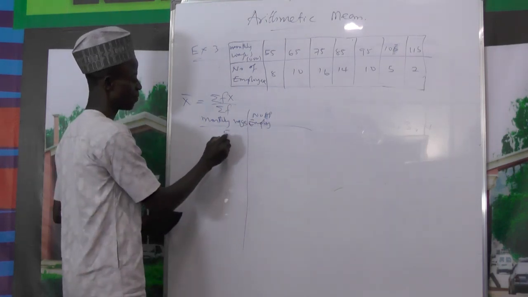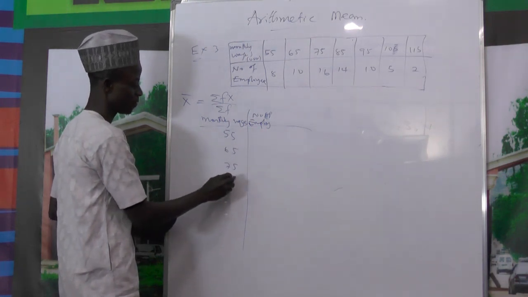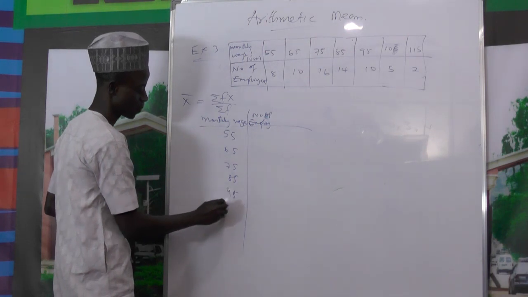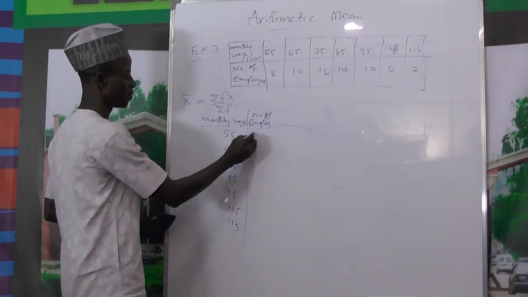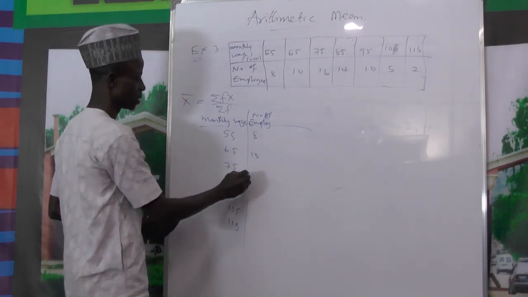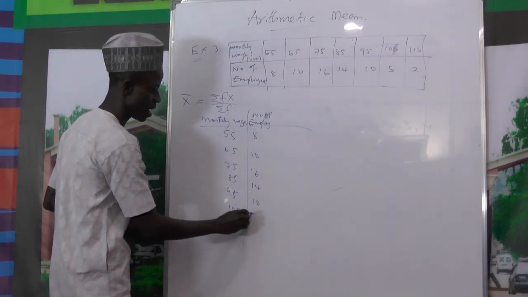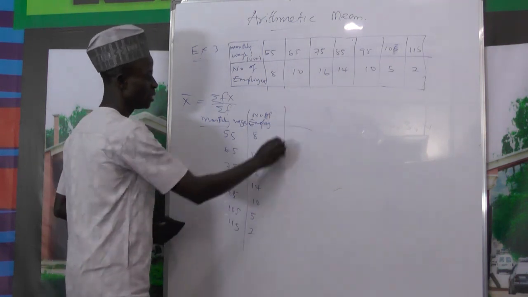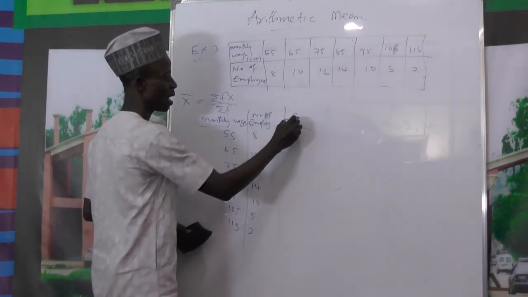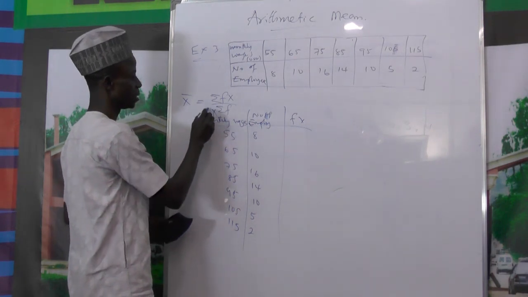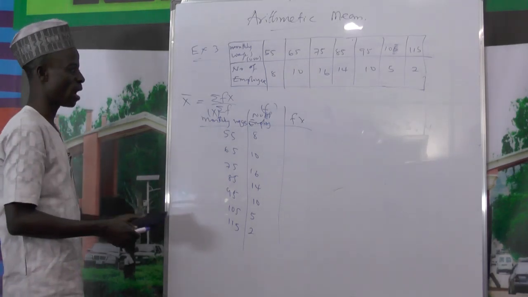So here we have 55, 65, 75, 85, 95, 105, and 115. So we have the frequency here: 8, 10, 16, 14, 10, 5, and 2. The next column that we are going to have here is our f and x. This is our x, this is our f. So we multiply our f and x together.